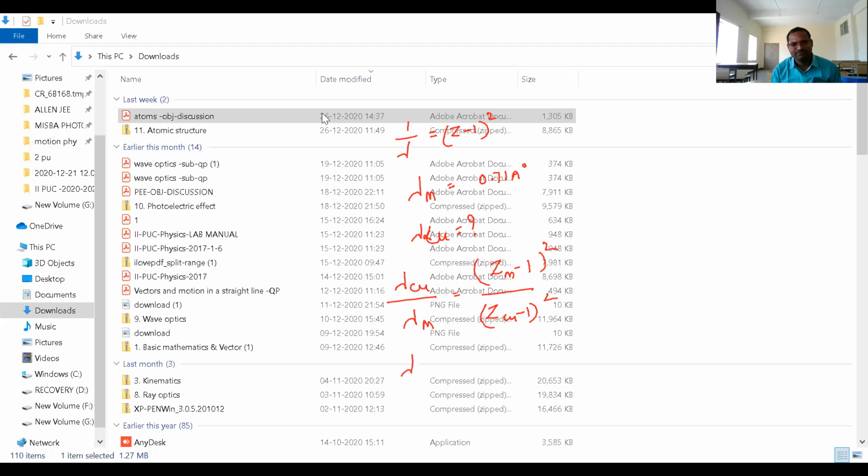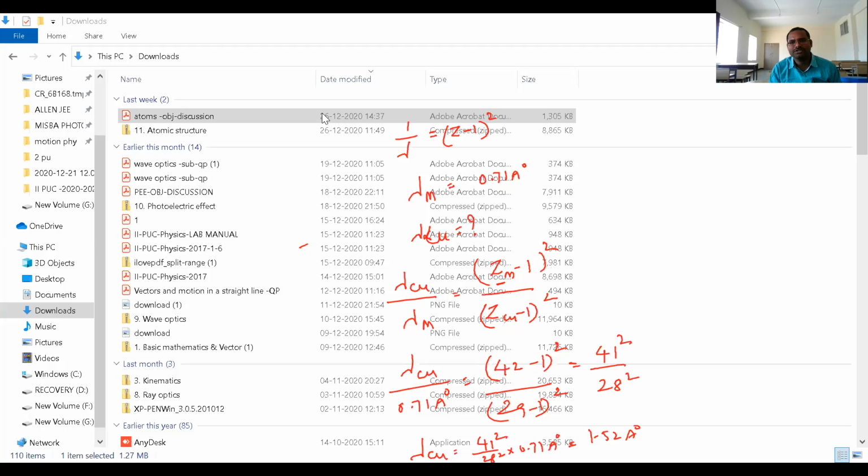Wavelength of molybdenum is given as 0.71 angstrom, which is equal to, for molybdenum, 42 minus 1 whole square upon, for copper, 29 minus 1 whole square. 42 minus 1 is 41, so 41 square upon 28 square. So the wavelength of copper is 41 square upon 28 square into 0.71 angstrom. If you calculate this, you will get 1.52 angstrom.